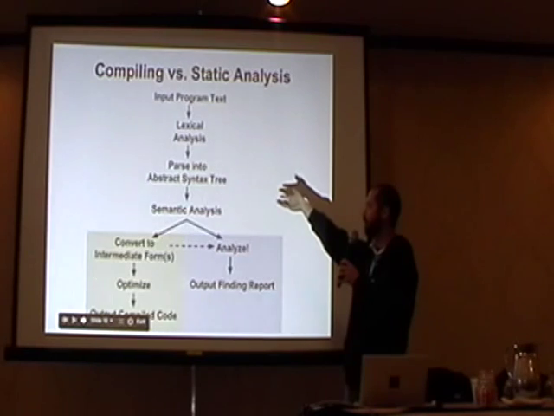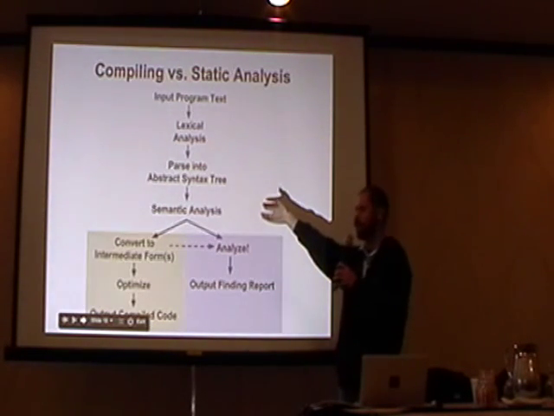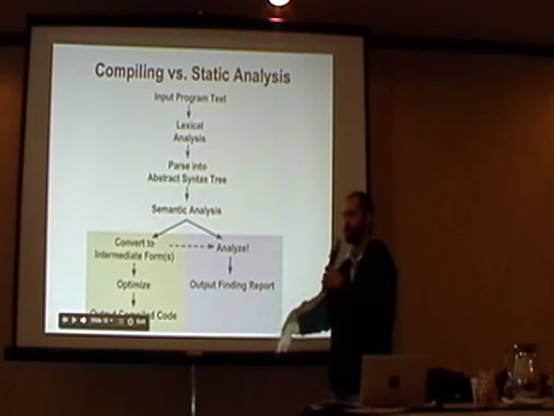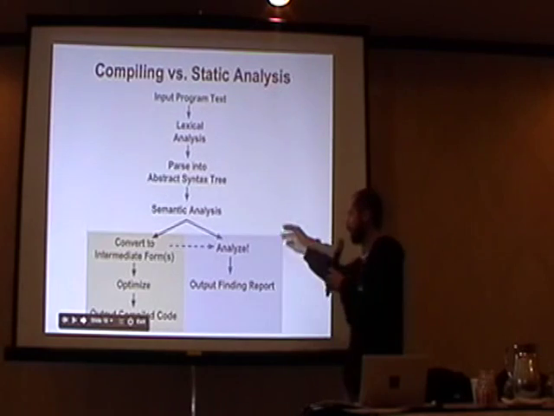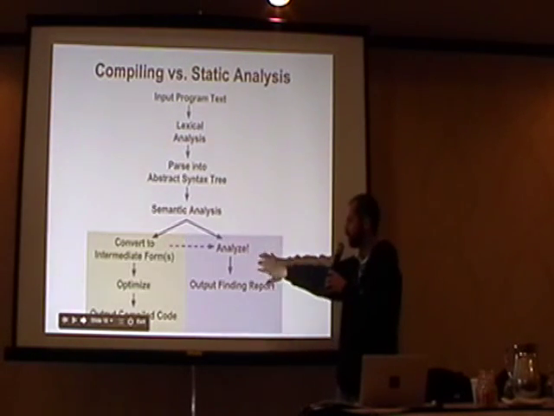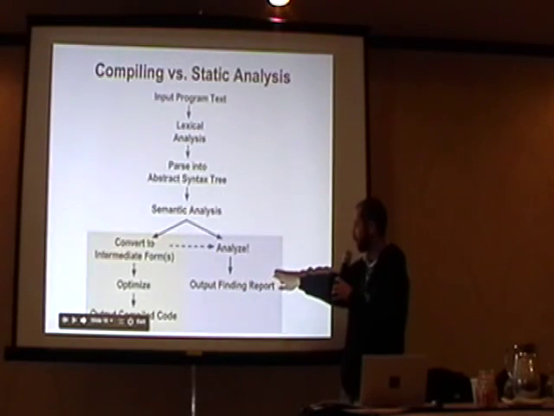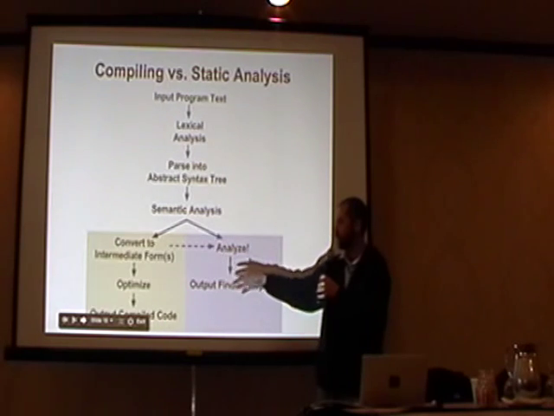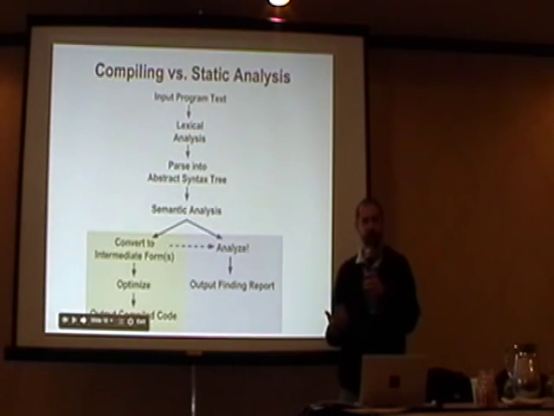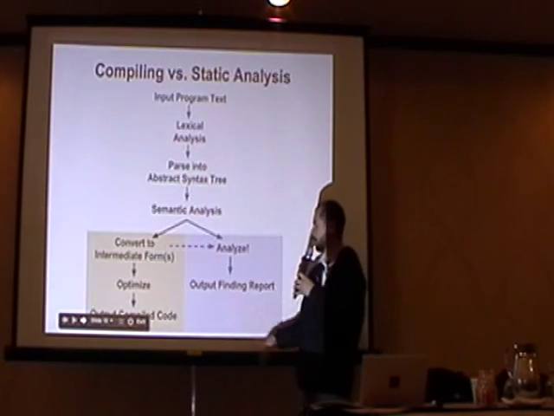You do lexical analysis, you get your tokens out, you get an abstract syntax tree, you do some semantic analysis, which is like, this is a call, this is a variable. And then at this step, this is where it changes. This is compiling, this is static analysis. Sometimes you convert into some intermediate language. You don't always have to, so that's why there's this line here.